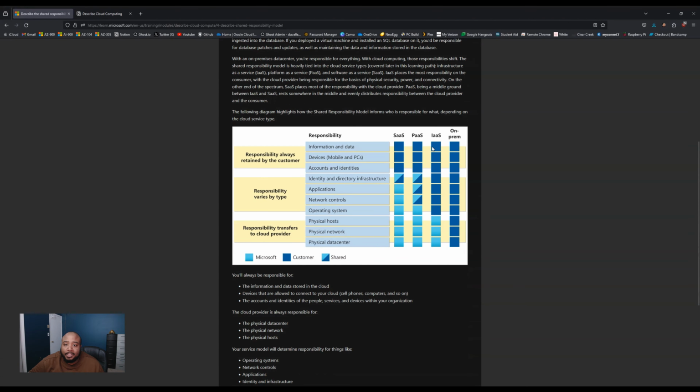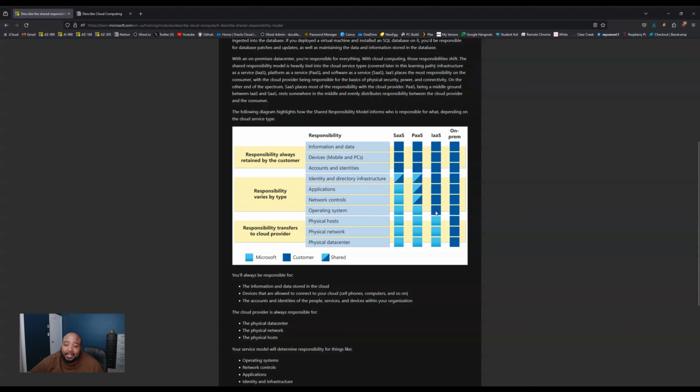So if you see here in IaaS, infrastructure as a service, with this service type, the responsibility of the consumer is the most, and the least is the cloud provider. So the user is responsible for the operating system, network controls, applications, the identity infrastructure, accounts and identity, all of that stuff.